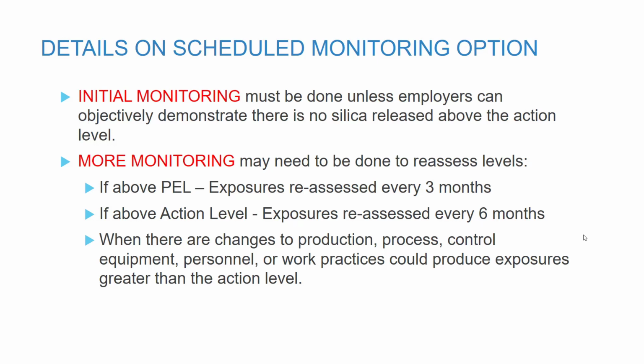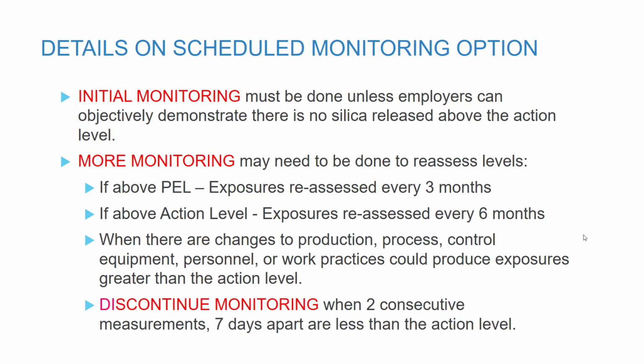If the results are above the PEL, you will need to, of course, control the exposures and repeat air sampling every 3 months. If the results are above the action level, you will need to repeat air sampling every 6 months. You can discontinue air sampling when 2 consecutive measurements, 7 days apart, are less than the action level.